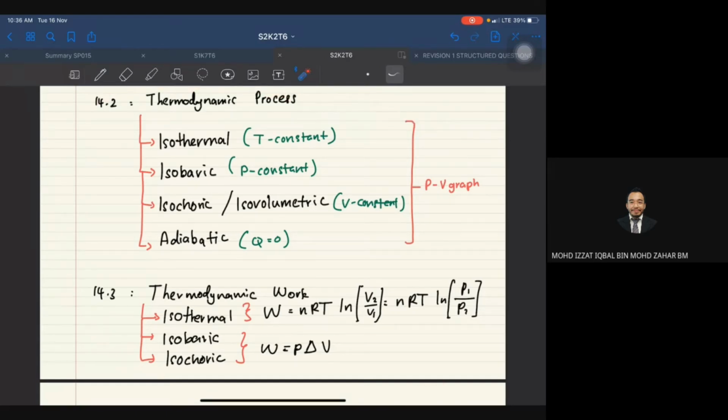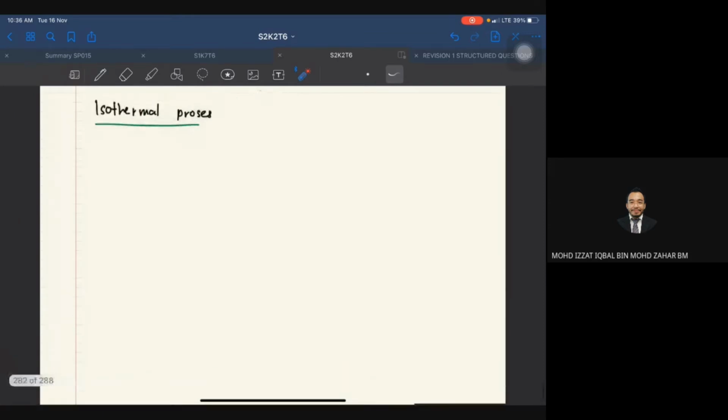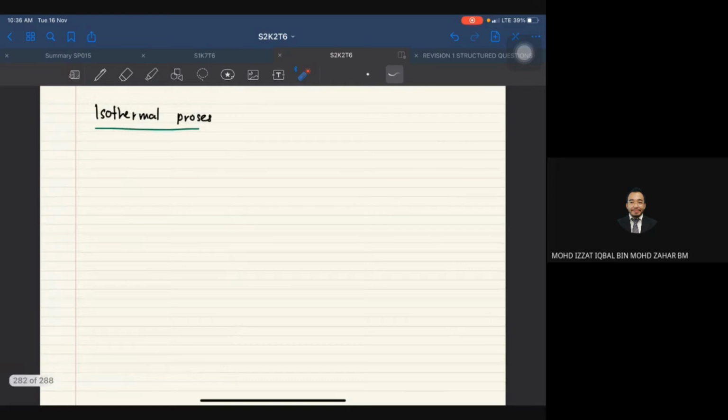Calculation dia dekat sini. Okay, yang lain semua more to explanation. Okay, so we go through one by one. We start with the isothermal punya process. Okay, iso here means constant lah. So kalau isothermal maksudnya apa yang constant? Temperature. Okay, so here the temperature is constant.